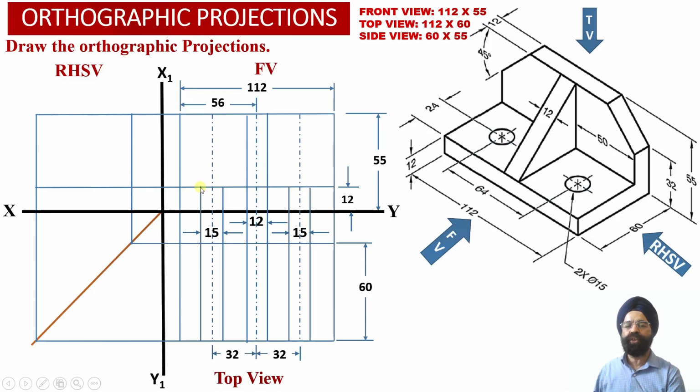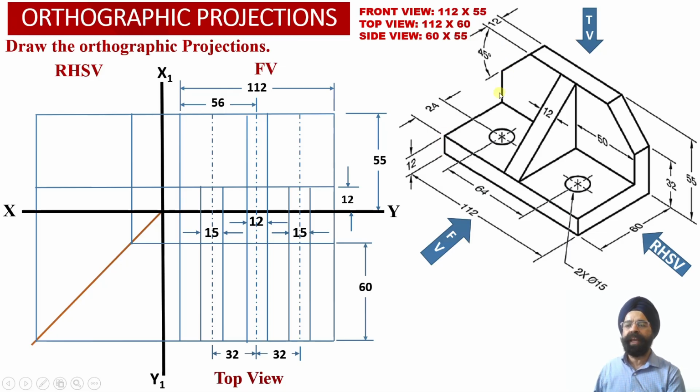And another thing we should remember over here, these holes will not be visible to the observer, as the observer is going to look at the solid from the front side. So here we will be obtaining hidden line projections corresponding to these holes into the horizontal web, which has a height equal to 12 millimeter over here.